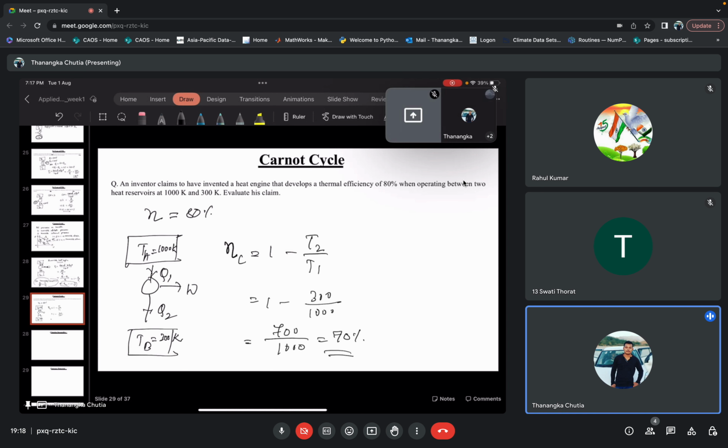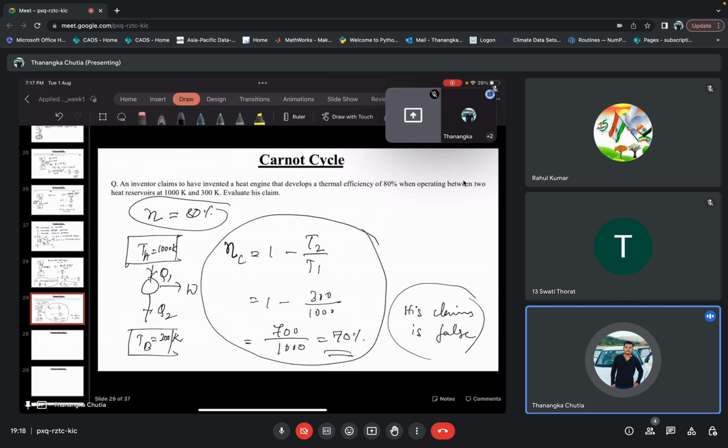So the highest possible efficiency that can be achieved between these two thermal reservoirs is 70%, and the inventor is claiming 80%. So his claim is false. This is the most important reason for which we need to study the Carnot engine.